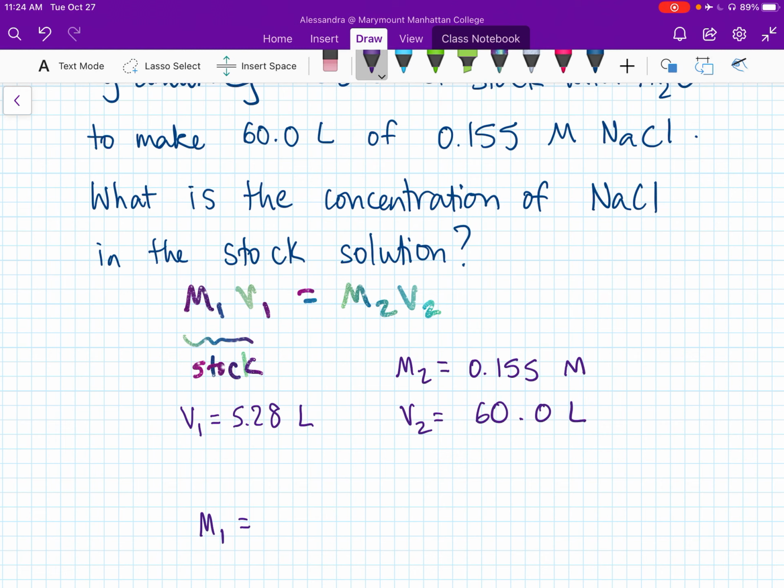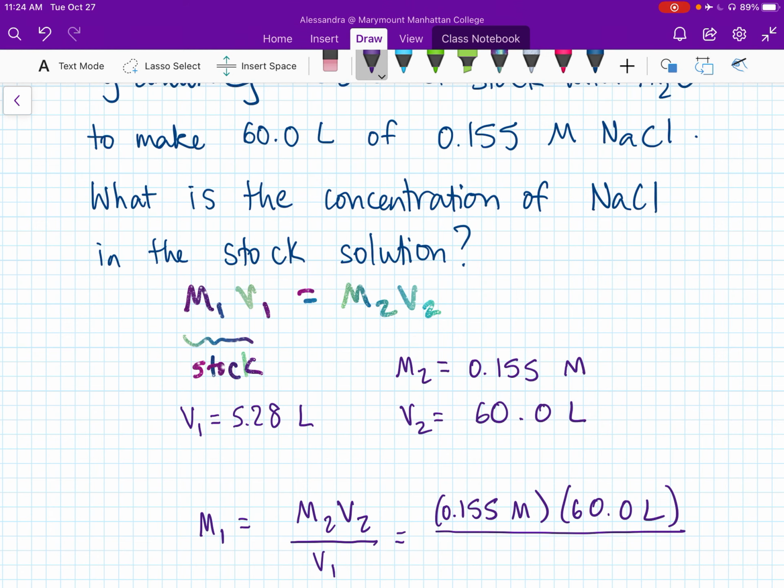And rearranging the equation, M1 is equal to M2V2 over V1. So that's going to be 0.155 molar times 60 liters over 5.28 liters.